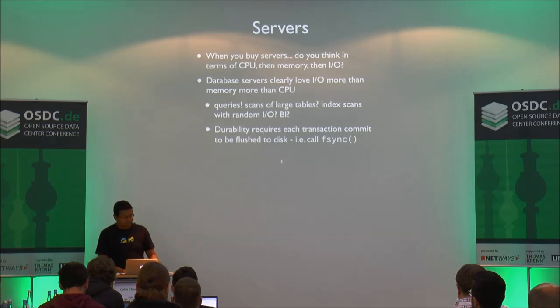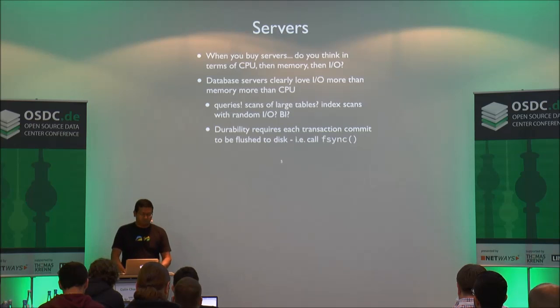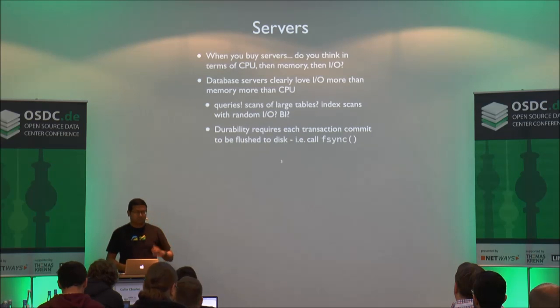The other thing that's probably important to remember is you always want to be durable. When you're buying servers, you tend to buy battery back RAID storage. And today you can run your MySQL in a fully durable mode, which basically means that after every transaction commit, you should actually call fsync. But fsync calls on Linux and probably many other OSs are extremely expensive, which is why it reduces performance tremendously.